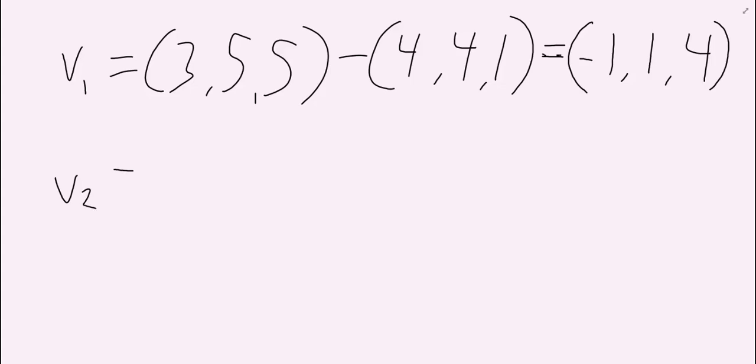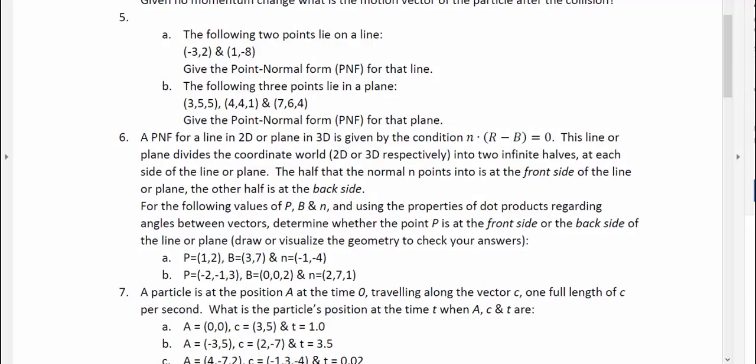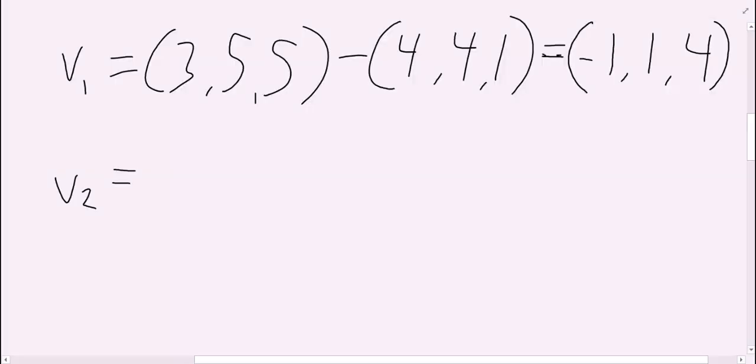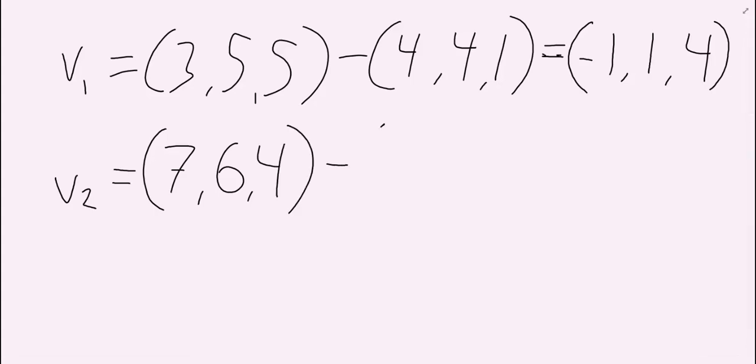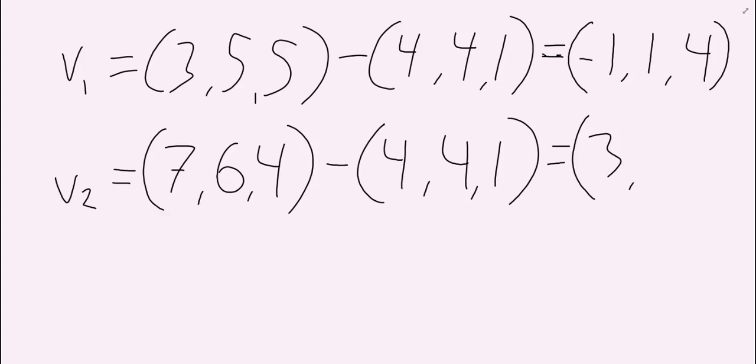That's our first vector, v2 equals 7, 6, 4 minus 4, 4, 1, which equals 3, 2, 3.